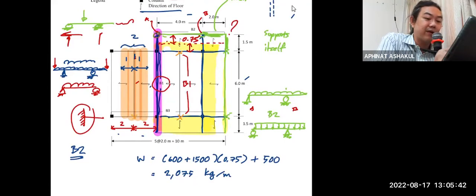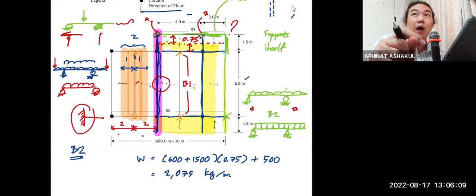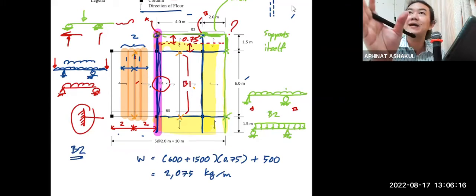It doesn't go anywhere because they are not directly into the column. So it will have to be carried by B3. Can you see that? So you must include the reactions from this typical B1 onto your B3, so that the moment you have for B3 will cover the weight, or I should say the reaction, from B1. So you can use that moment to design the structure safely.